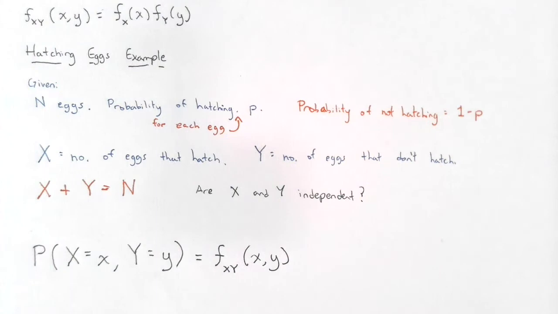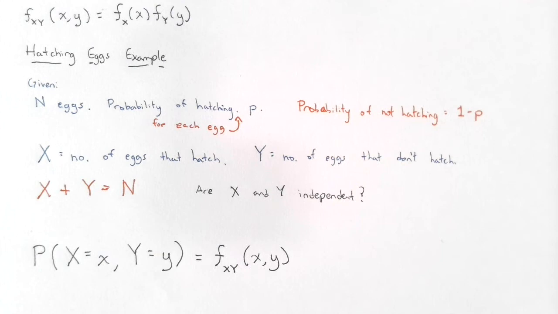So let's see whether or not that works. Now here it's kind of tricky, because we don't have much information other than what I gave you. We don't even know what n is. N is any number from 0 to infinity.